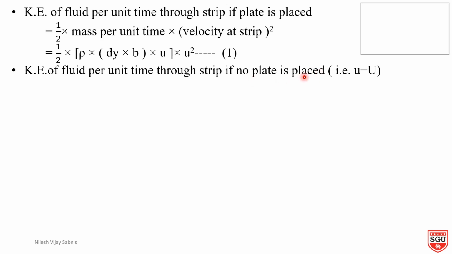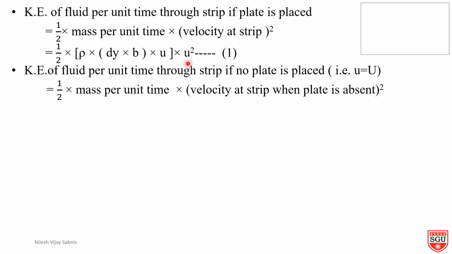If the plate is not there, this much mass multiplied by 1/2 multiplied by, instead of u, capital U squared. So 1/2 mass per unit time times the velocity when the plate is absent, squared. So the equation will be 1/2 into rho dy b u multiplied by capital U squared.